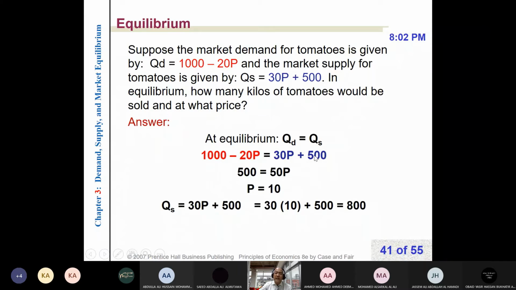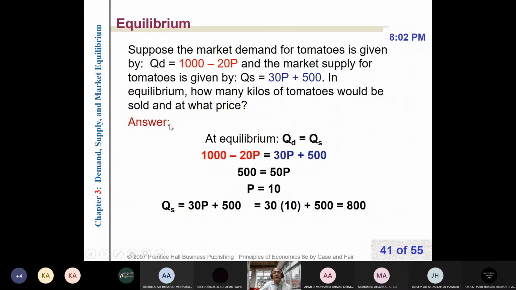When you shift a term to another side, change the sign from positive to negative. So 1000 minus 500 will be 500. Okay, what is P? P equals 500 divided by 50, which is equal to 10. So the equilibrium price is 10 dirhams per unit.